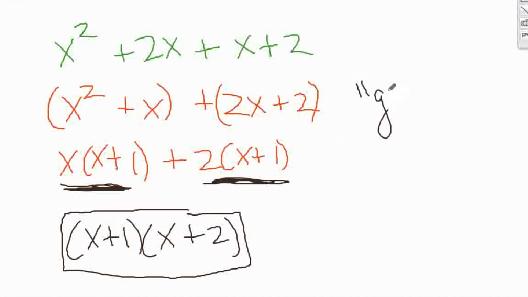Okay? This procedure is called grouping because we couldn't factor the entire expression, but by grouping it, we were able to factor different subsets, and then we were able to finally put it together at the end and get a factor that was not obvious. Okay? This, again, just like before, doesn't always work.